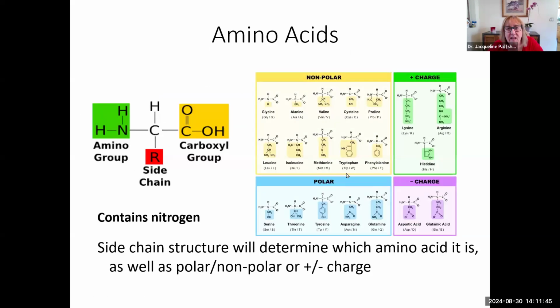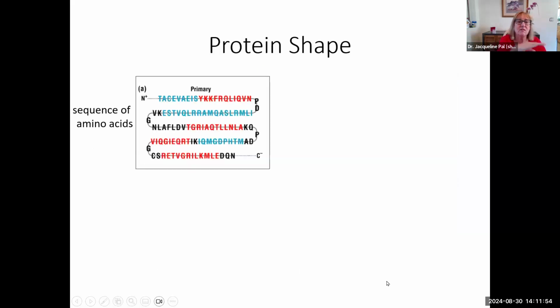So maybe it is 5 of these in a row, followed by 1 of those, followed by 3 of these, followed by 1 of those. It doesn't matter what it is. Whatever that sequence is, that is the primary shape, okay? Realizing, of course, if we have polar stuff and charged stuff, some things may be attracted to other stuff, versus non-polar stuff, which is not going to be attracted to other stuff.